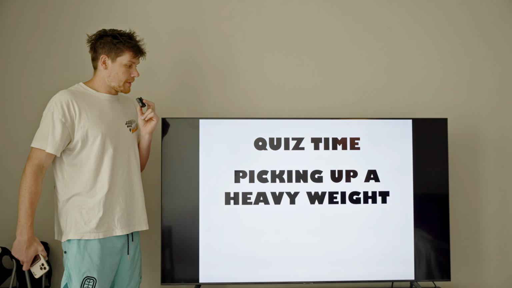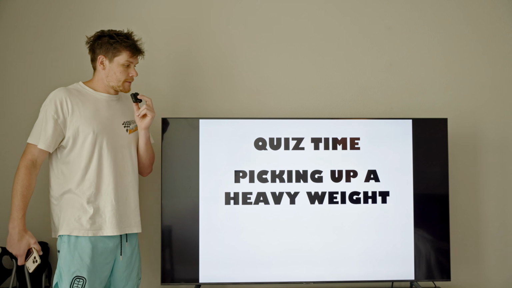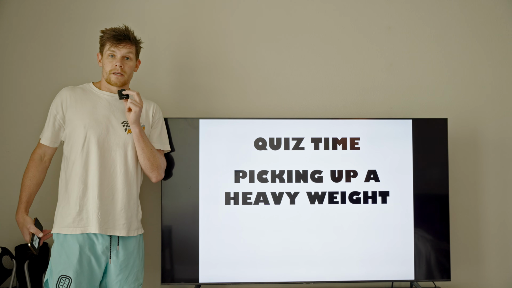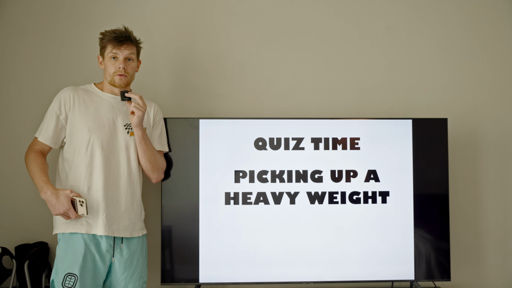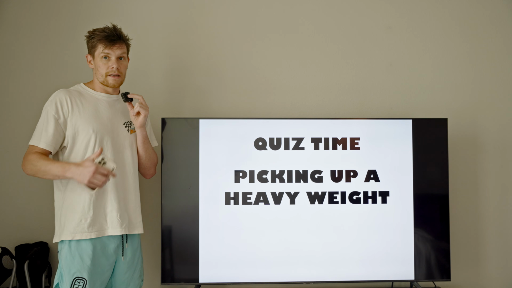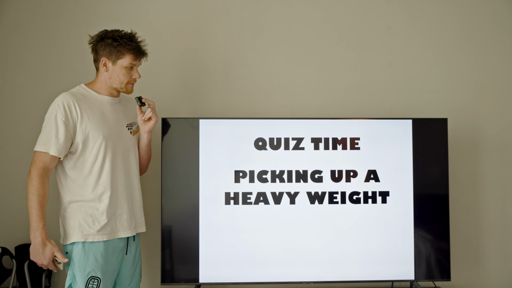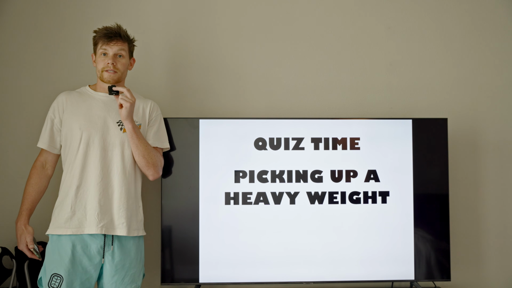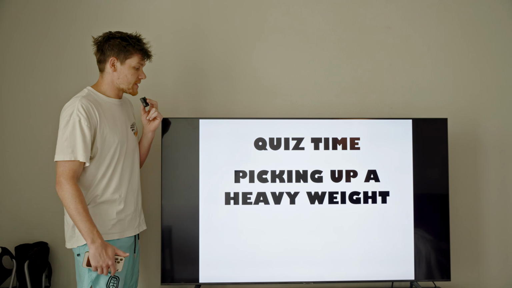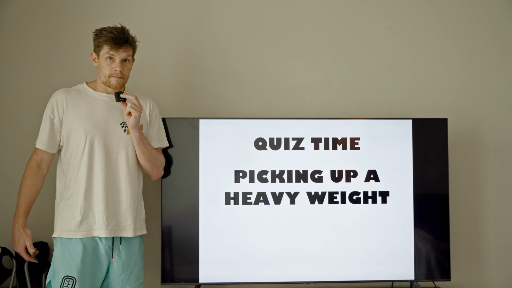When you're picking up a weight, what is the prime mover? It is the glute. The hip flexor is going to be relaxed while the glute is functioning. And what type of muscle contraction? Is it concentric, eccentric, or isometric while you're picking it up? The answer is concentric. While you're picking it up, the glute is functioning concentrically. That muscle is shortening, okay?